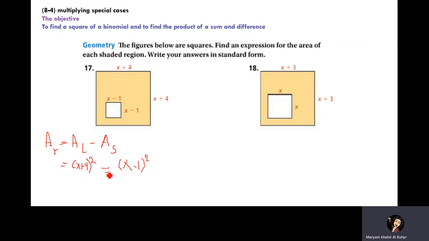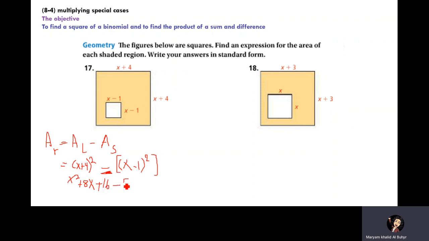Here you need to focus because there is a crazy negative sign. You have to focus on that because all the terms inside should be multiplied by -1. So this will change a lot of things. That will be x to the power 2 plus the first term squared, the last term squared, then 2 times the first times the second, so that will be 8x plus 16.